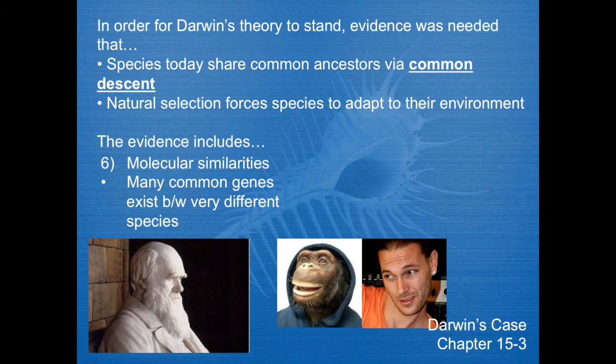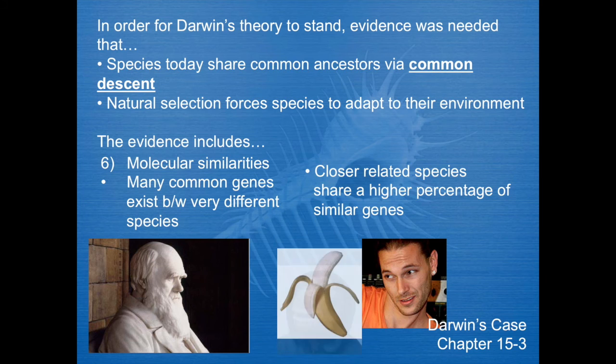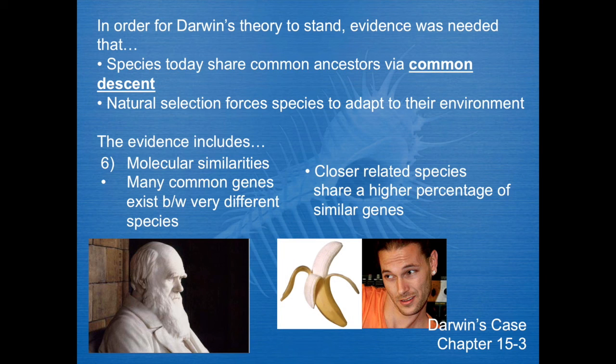So if we look at the human versus the chimp, genetically speaking, the more closely related you are, the more similar your genes will be, and they are our closest relative. They are 98% us, we're 98% genetically them. But even if you look at a banana, you might be saying to yourself, there's no way, but believe it or not, we share common ancestry with the banana, so much so that we share 60% similar DNA and genes.